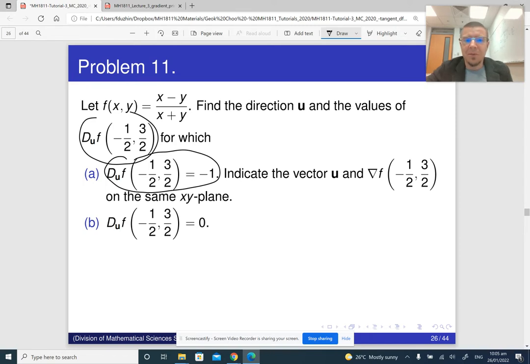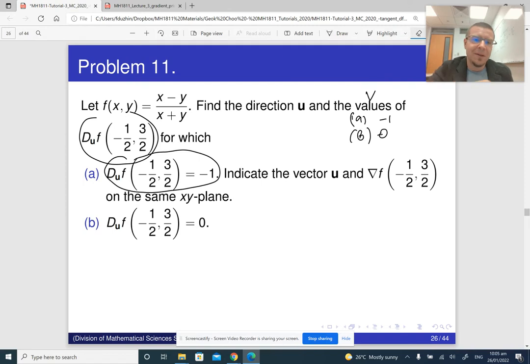So it means that the value of Duf at the point (-1/2, 3/2) is already given. So it doesn't really make sense to ask for it because it's already given. So the answer to this part of the question we already know. In part A, the value of the directional derivative is -1, and in part B, the value of the directional derivative is 0, right?